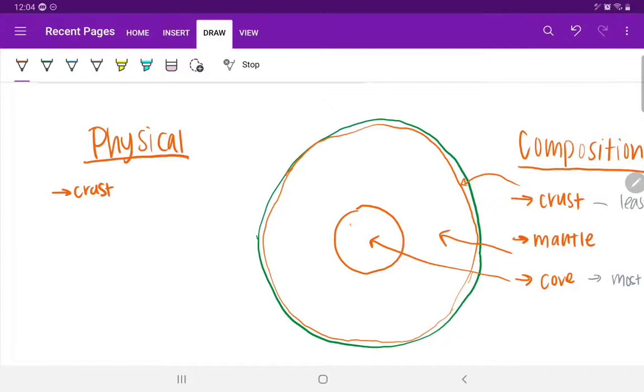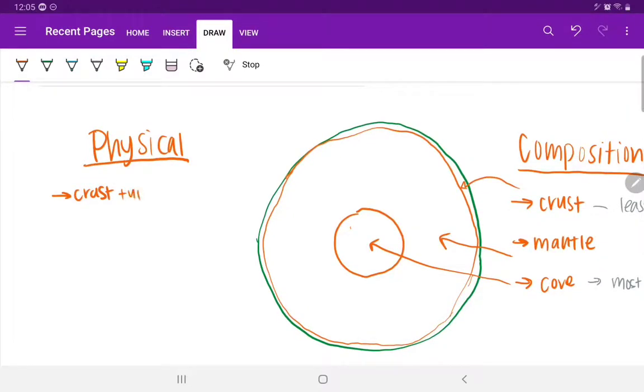That's one of the markers of the crust. But as we start going into the mantle, there are still really hard, tough rocks. And so this upper part of the mantle also exhibits these hard, brittle tendencies.